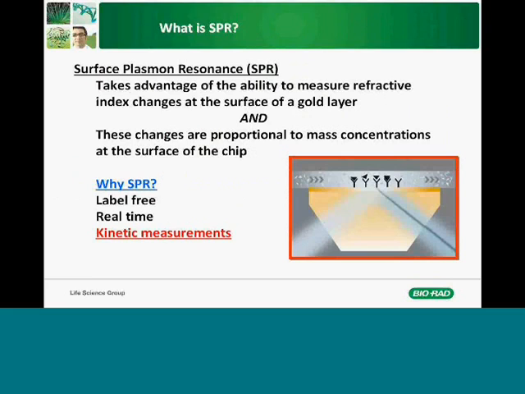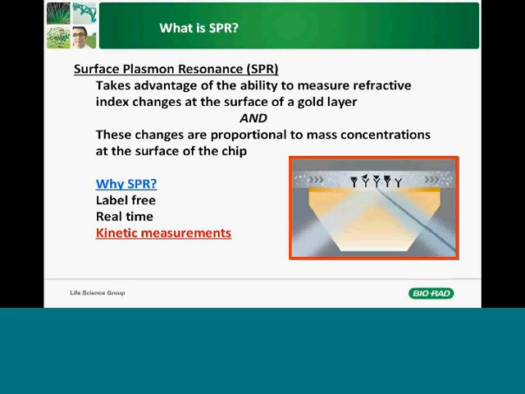So just one quick slide. What is SPR? SPR stands for Surface Plasmon Resonance. It's an optical phenomenon discovered a long time ago in academia, I think. And this is actually the detection unit. SPR measures changes in refractive index over a surface, which needs to be a gold surface.